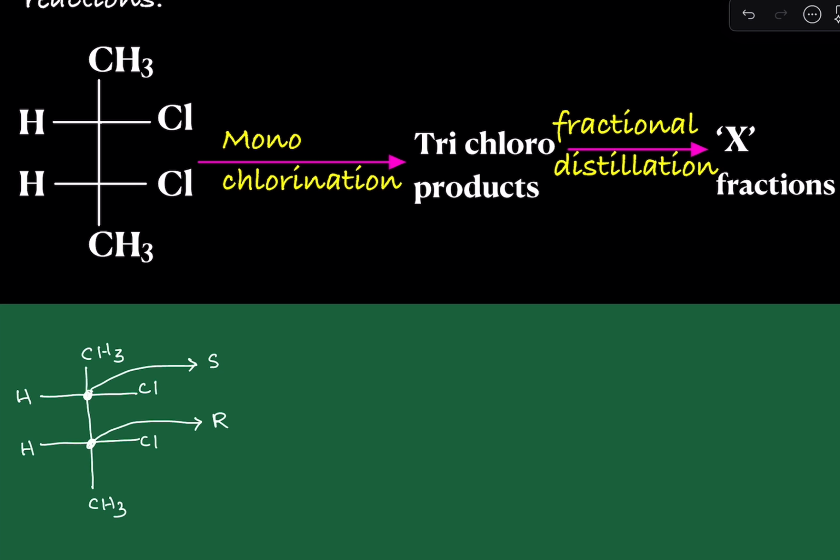But according to IUPAC, when the least locant rule is the same from both ends, R should always get more priority when compared to S. Based on that, this is the first carbon, this is the second carbon, this is third carbon, and this is fourth carbon. Now, the stereochemistry at the second carbon is 2R. At the third carbon, it is 3S. So 2R, 3S, 2,3-dichlorobutane.